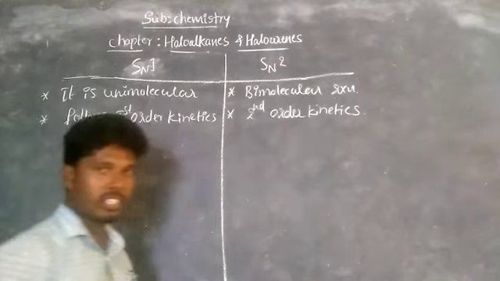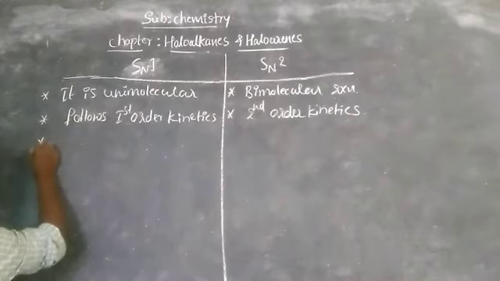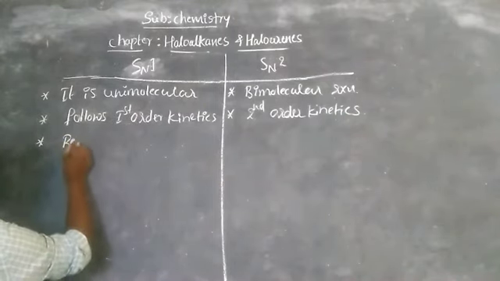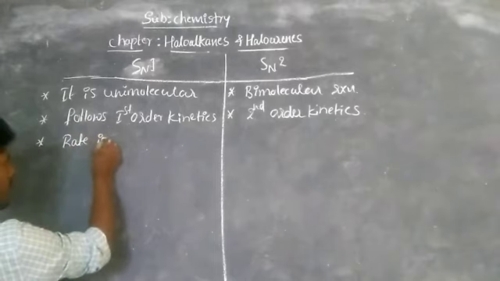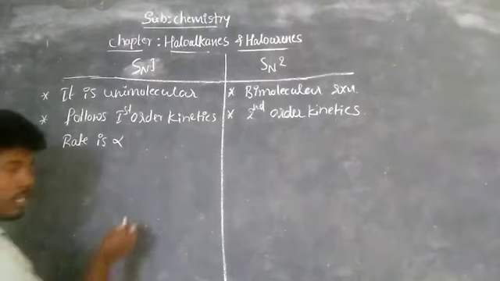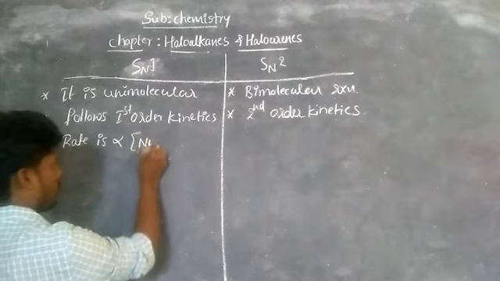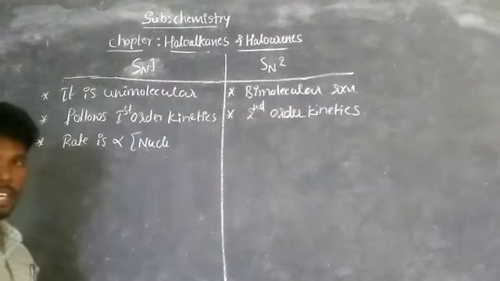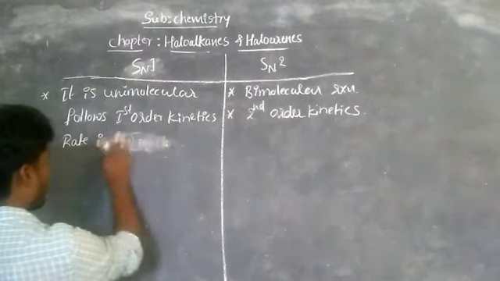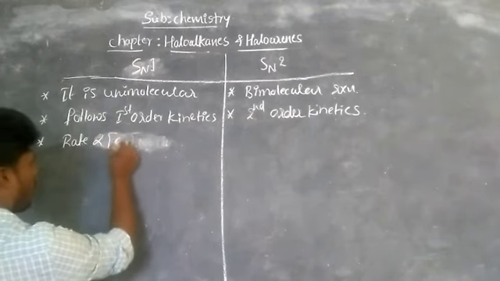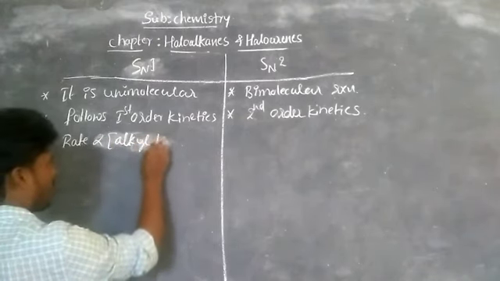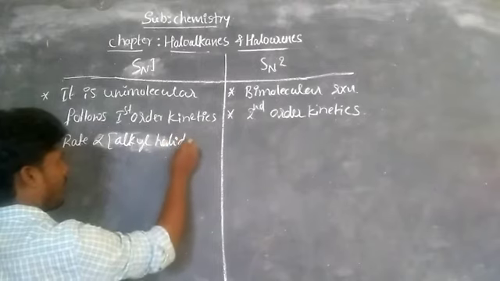Hence the rate of reaction is different. Here the rate of reaction is directly proportional to the nature of the alkyl halide, that is the alkyl halide in SN1.